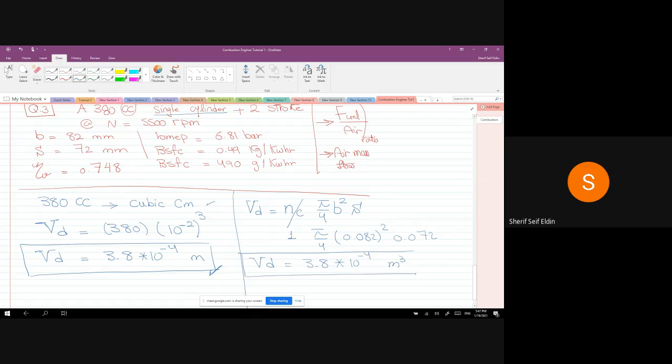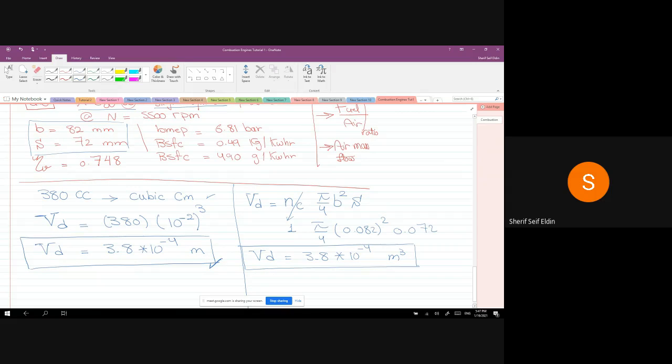So it's either given to you like this, or you can calculate it from the dimensions and based on the number of cylinders as well. Okay, so this is the first thing we have to calculate.